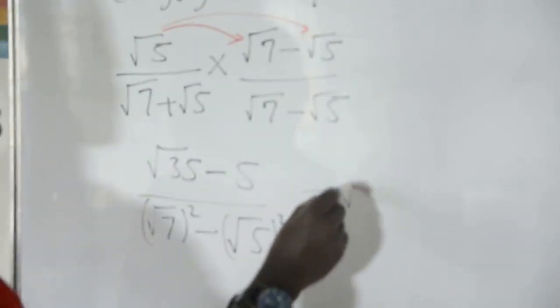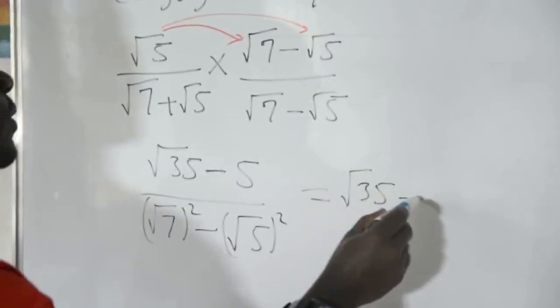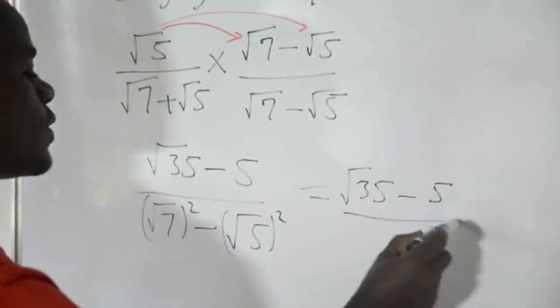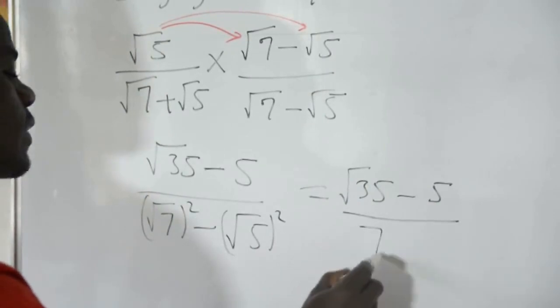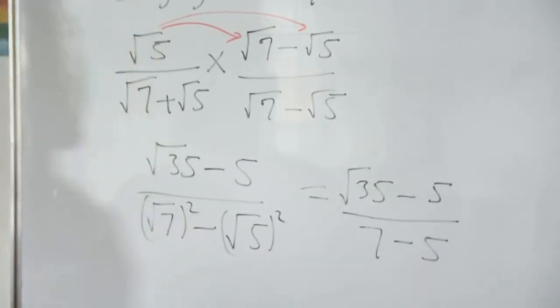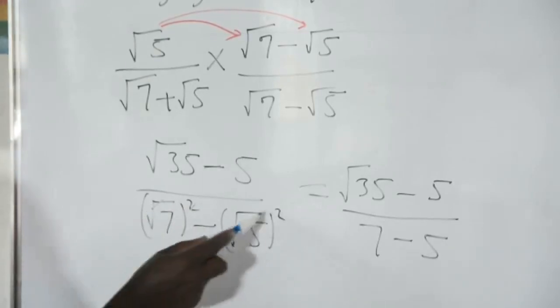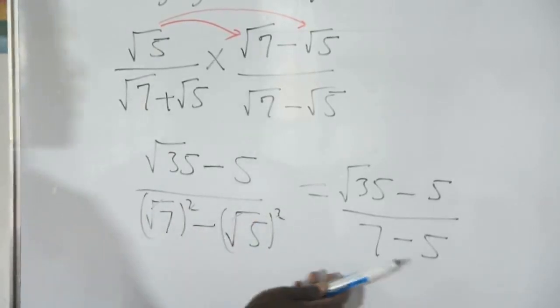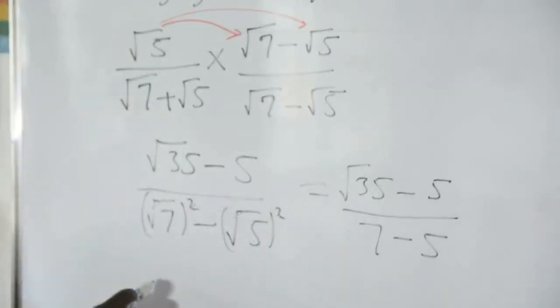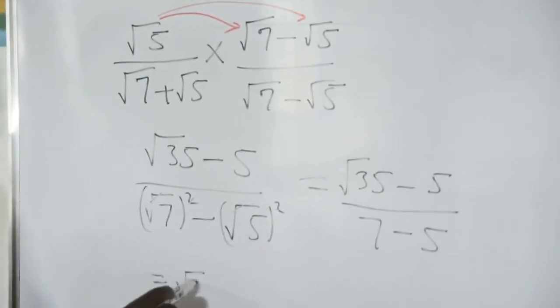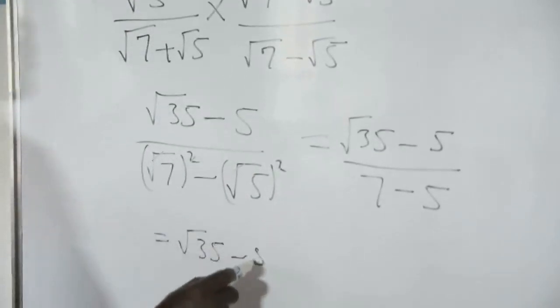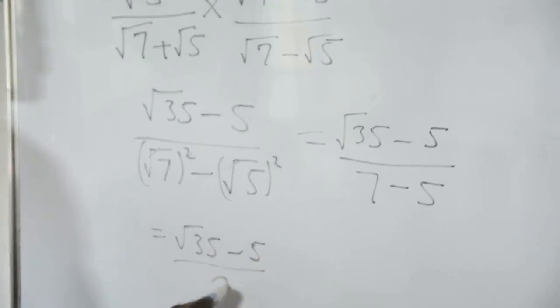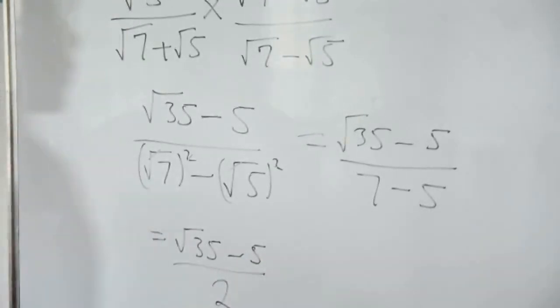And this will give us square root of 35 minus 5 divided by 7 minus 5. Because this square now will cancel this root, and this square will also cancel this root, and then we'll be left with this. Okay? And our next step is going to be root 35 minus 5 all over 2. That is 7 minus 5. Okay?